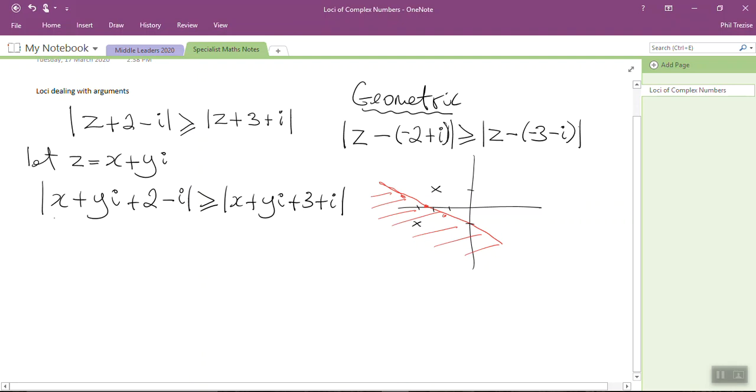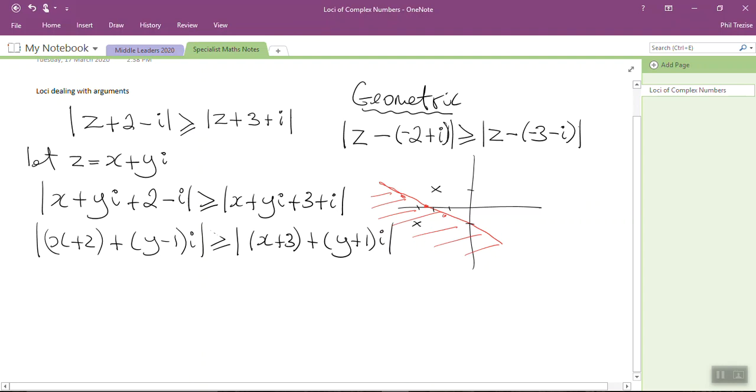So the real part here is x plus 2. The imaginary part is y take 1. That's still the modulus. The real part here is x plus 3. The imaginary part here is y plus 1. And we're still taking the modulus.